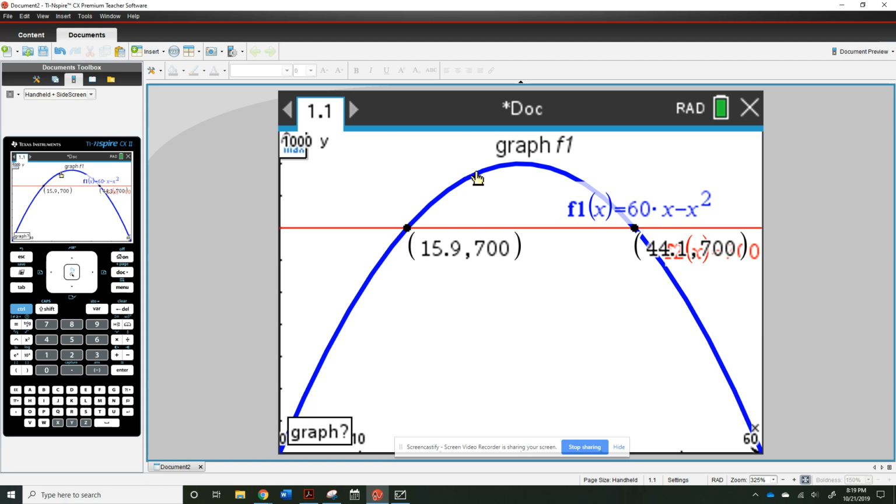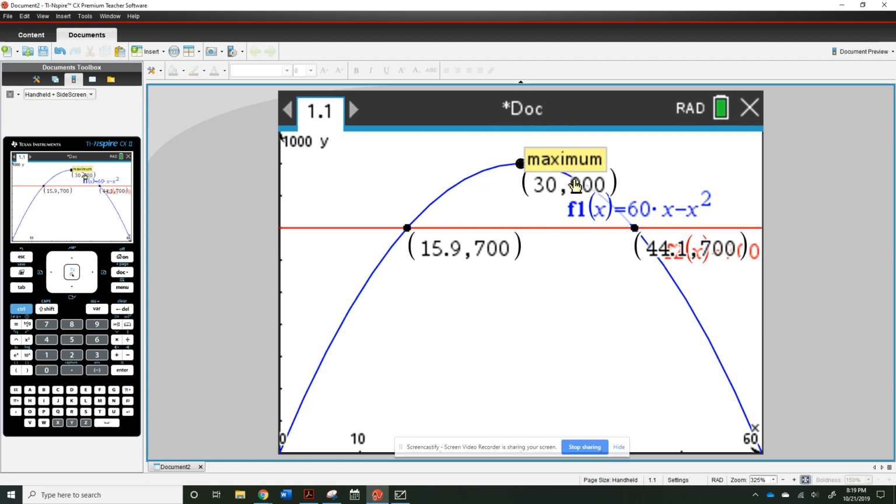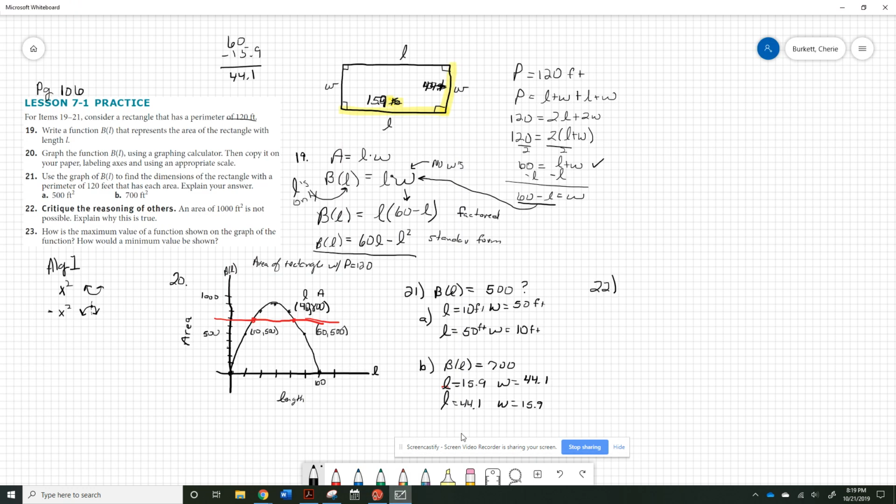And you want to find the maximum of this. So we go here, and there it is. So the highest that graph ever gets is 900. So will it ever reach 1,000 feet? No. The maximum area is 900. Or say the graph only goes up to 900, or the range only goes up to 900.